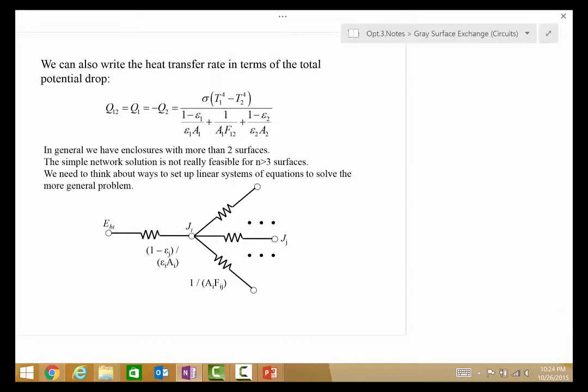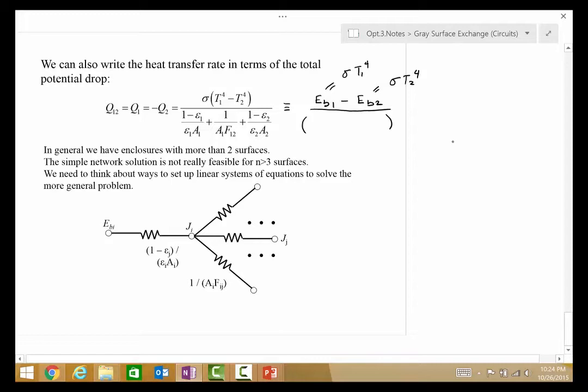We can obviously also write the heat transfer rate in terms of the total potential drop, which is what we did, and we can go between the Eb1, Eb2 representation and using Stefan-Boltzmann's formula, where these Eb1 and Eb2 are just specified in terms of sigma T1 to the fourth, sigma T2 to the fourth. And I'm not going to rewrite the representation for the denominator there. So this is great if you have two surfaces. So this is a simple two-surface case.